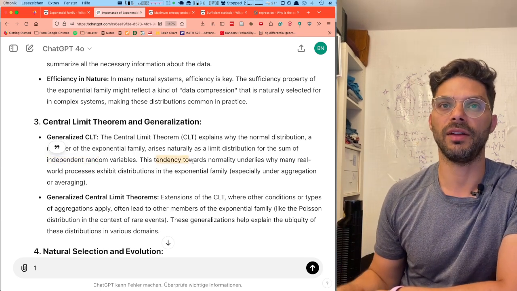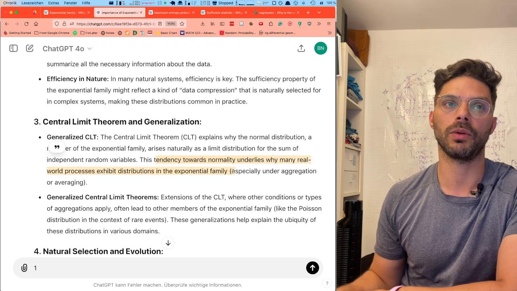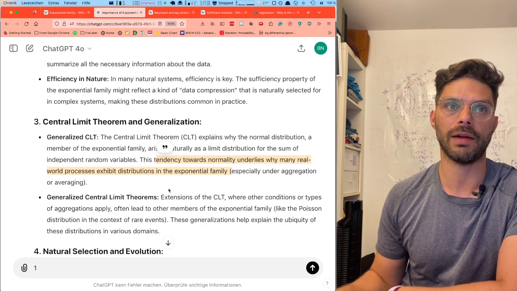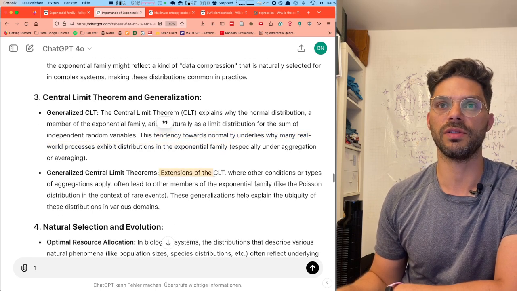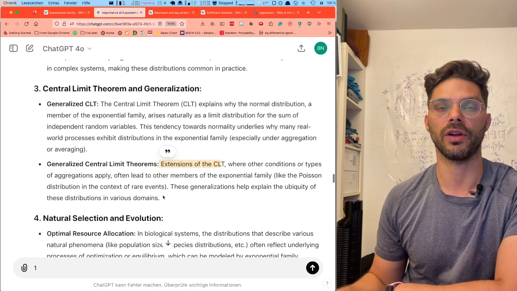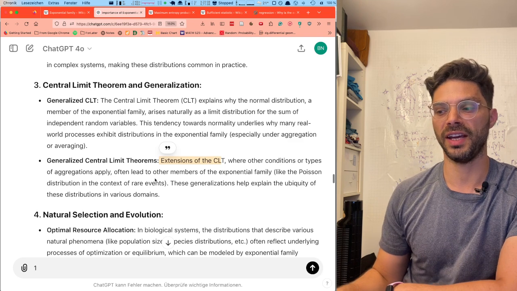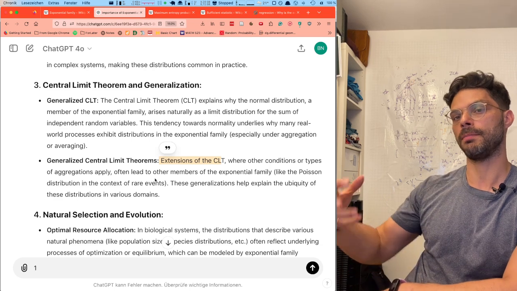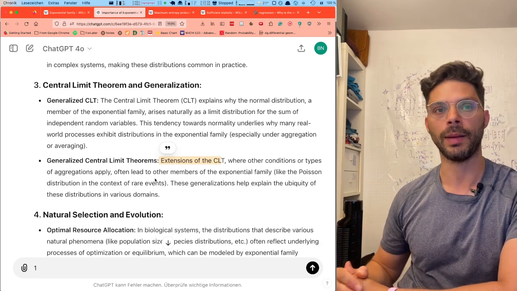And this tendency towards normality underlies why many real-world processes exhibit distributions in the exponential family, especially under aggregation or averaging. And there are some extensions of the CLT which lead to other members like the Poisson distribution, etc. So I guess this part is explaining why specific members of the exponential family show up.